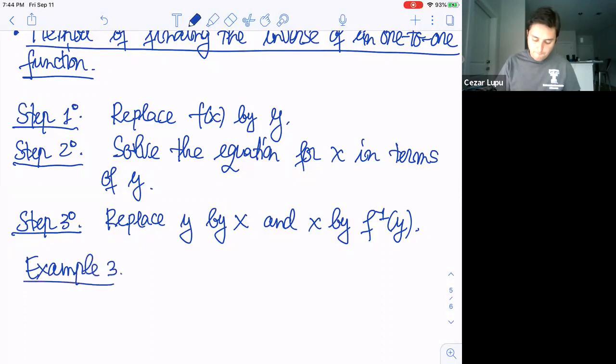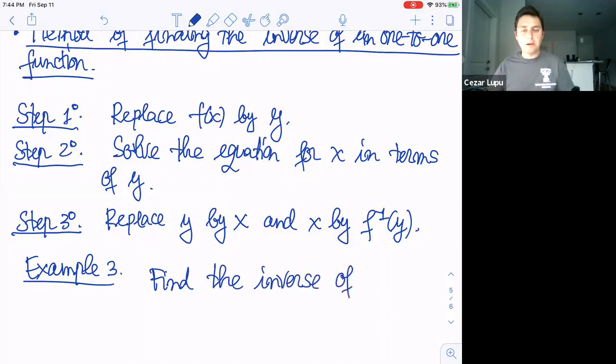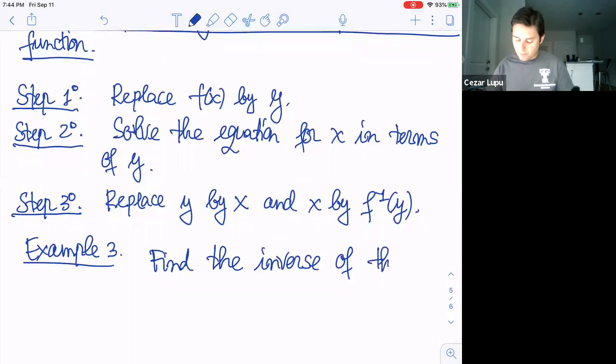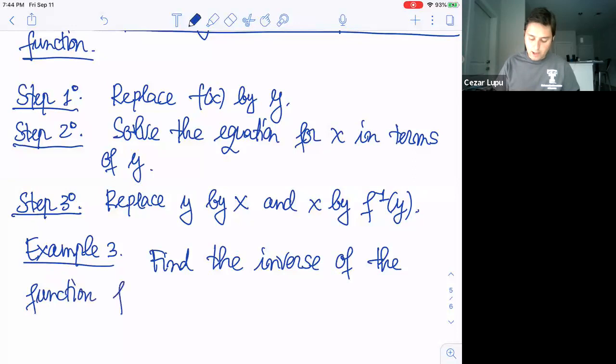Example 3, find the inverse of a linear function. Let's say f is defined on R with real values, and f of x is given by 3x plus 5.